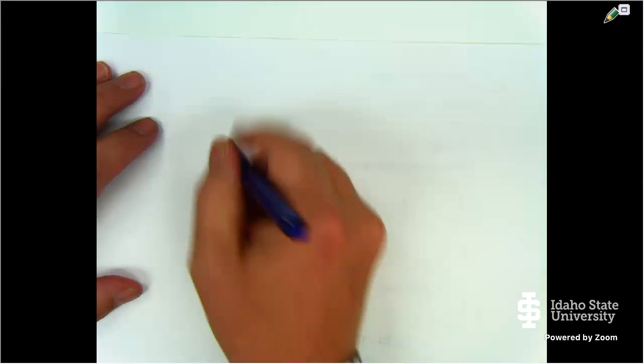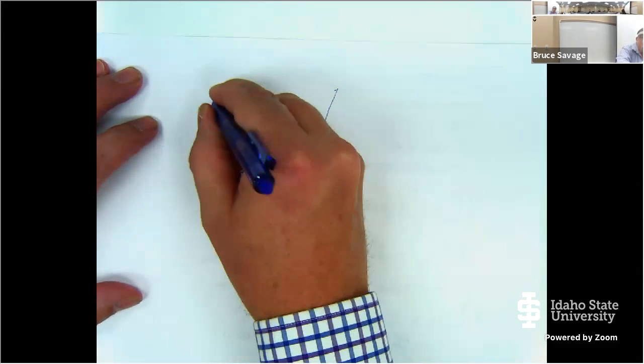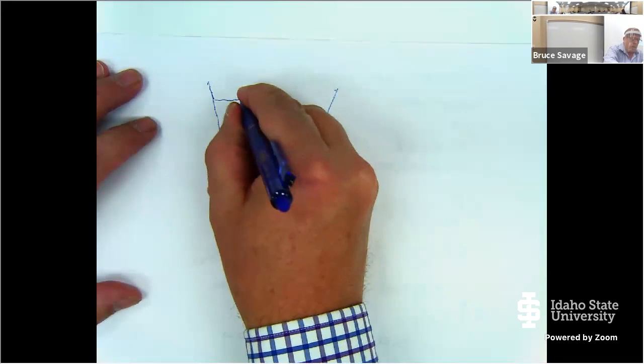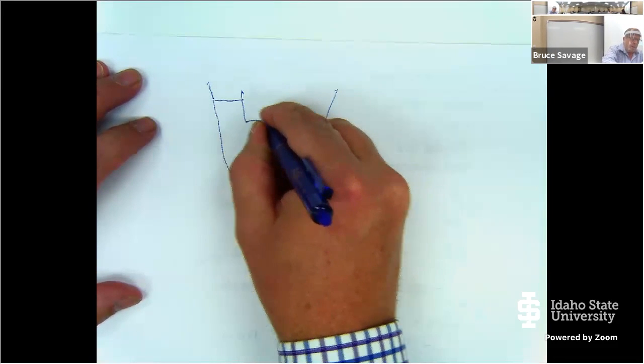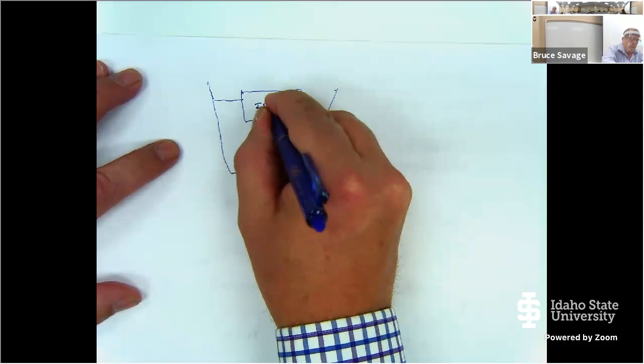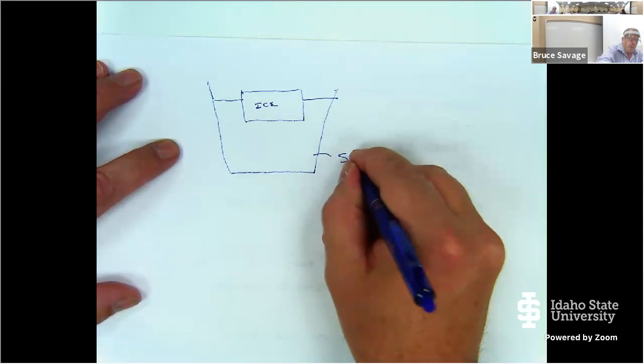Let's quickly run through this concept. So here we go. There's our cup. This time it's going to be full of seawater. And here's our ice right there. Down here is seawater.